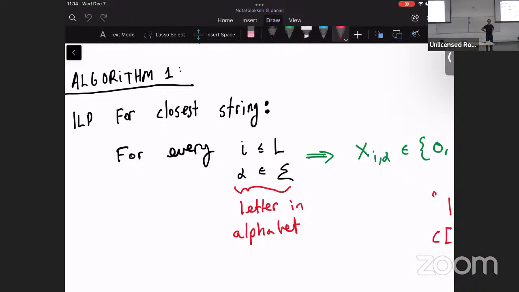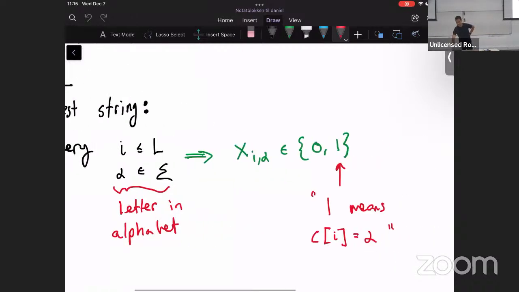So a fairly reasonable way of encoding this as an integer linear program is to have an indicator variable that is either 1 or 0, depending on whether the center string has that letter at that position. So for every position i and every letter alpha, let's have the variable x_i,alpha, which is either 0 or 1. We encode that with a linear constraint that it is between 0 and 1. And we will interpret it being 1 as setting the center string at position i to the letter alpha.